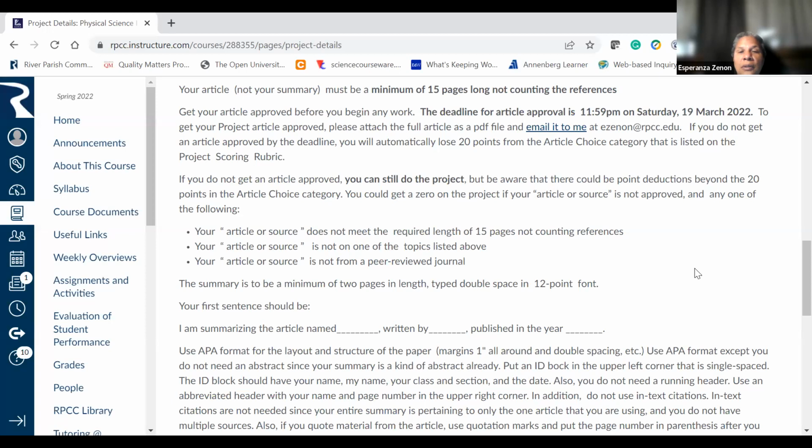I often tell students that the bulk of what you write should actually explain how the article connects to class. So, you give me the main ideas of the article, and then you spend most of that summary explaining how things in the article are related to the class.